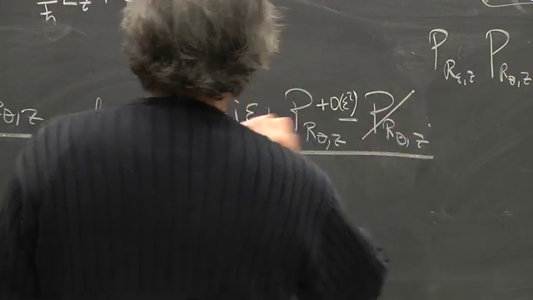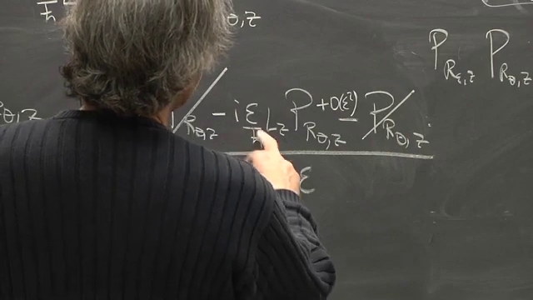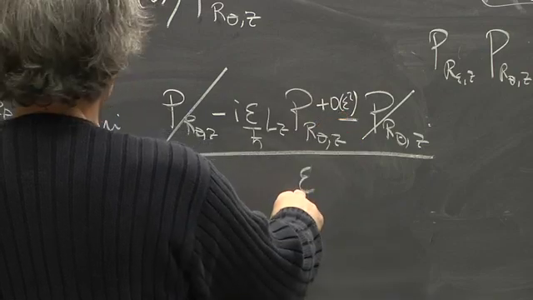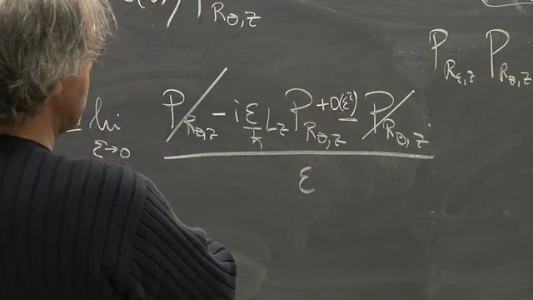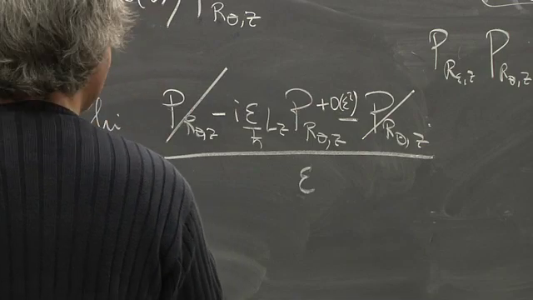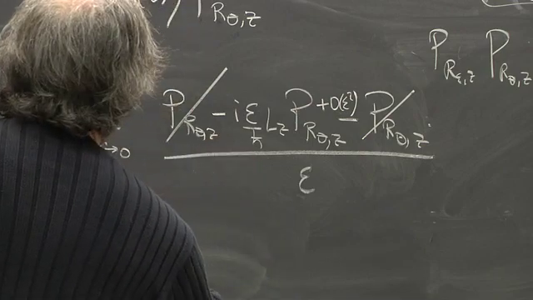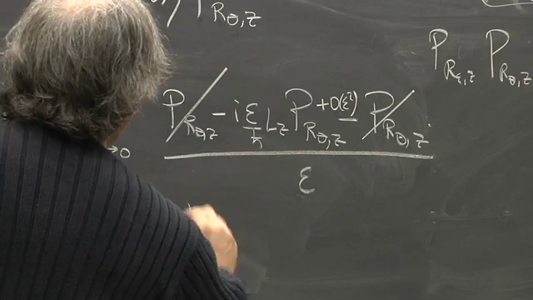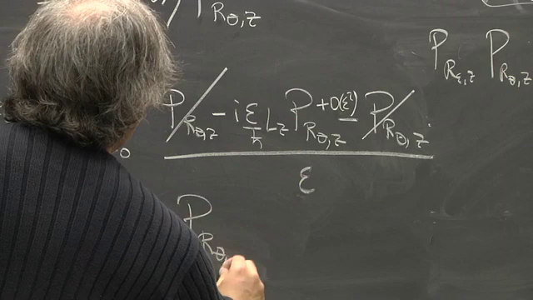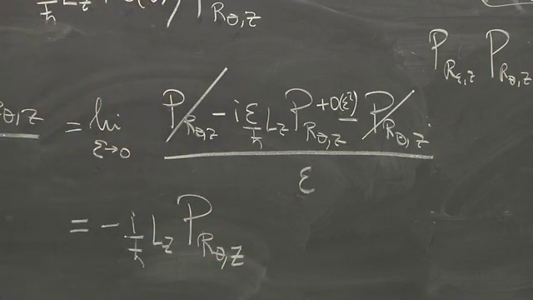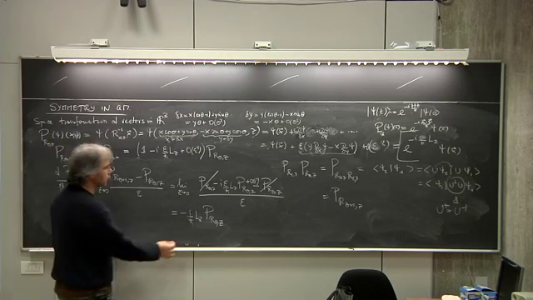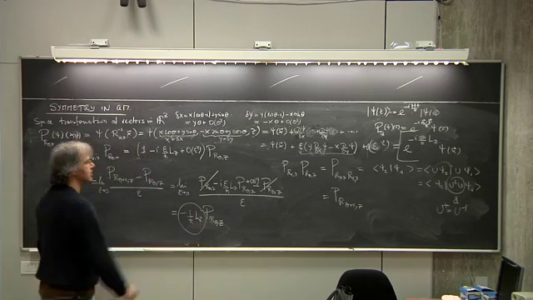However, you notice that this and this cancel, but these are higher order than epsilon, so when I take the limit, they don't count. So the limit is exactly given by minus i over h bar Lz times P of R theta Z. So the derivative with respect to the parameter theta of this operator must be equal to this object times the same operator.